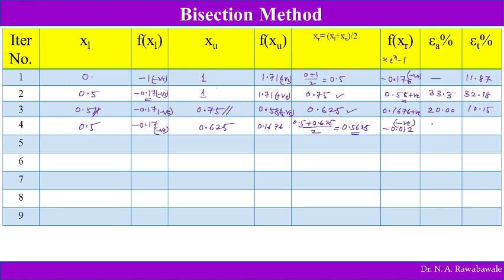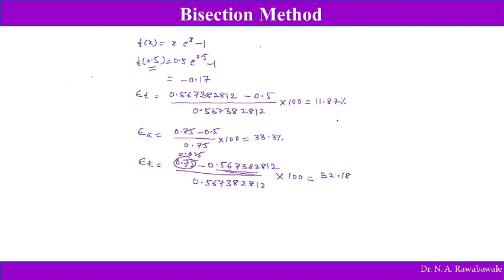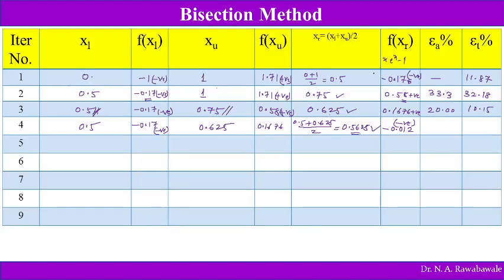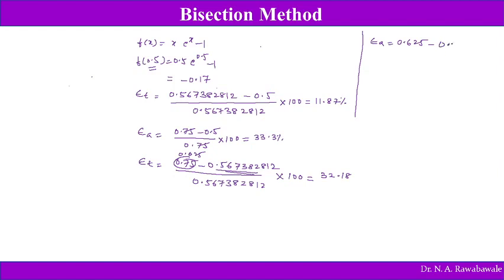So now we want to find out approximate error. So to find out approximate error, previous approximation minus revised approximation, 0.625 minus the revised approximation 0.5625, divided by 0.5625 into 100.